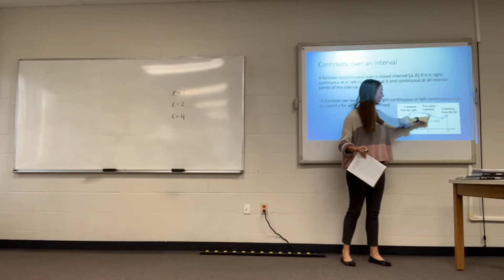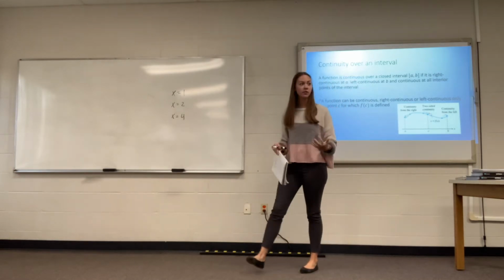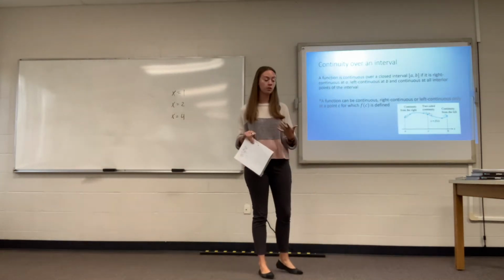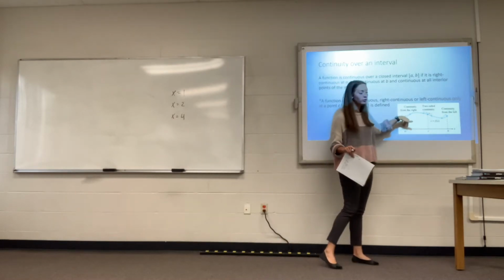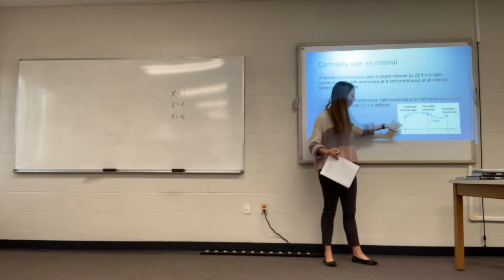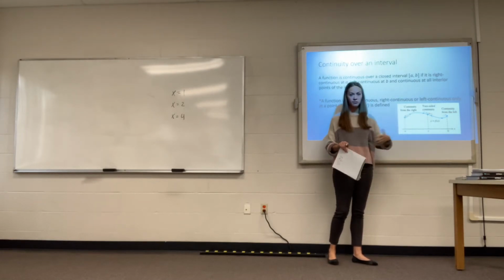Every single point in here is continuous, just because all of the function values and the limits are going to be exactly the same. And then my points on the end are different because they're endpoints. The one on the left side, as long as I'm continuous from the right, that means I'm fine.